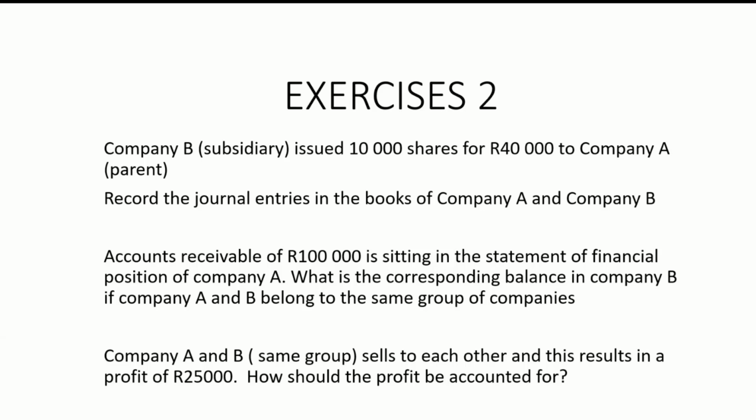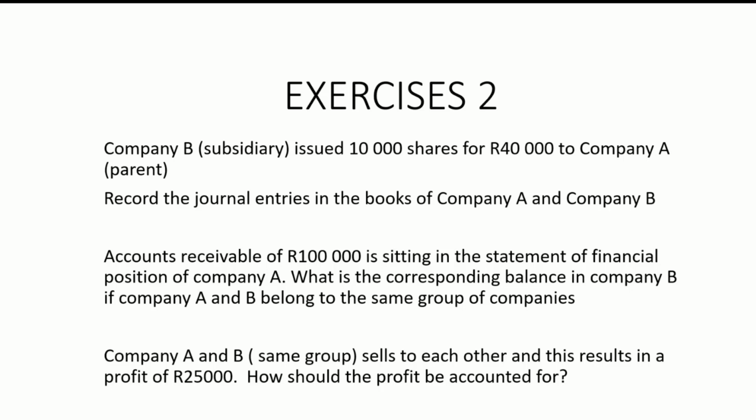No, sorry, it's not that you cannot sell. Well, you can sell to yourself, but the profit has to be taken out. Why must the profit be eliminated? What other reason can you give? Because if you are in one group, you are regarded as one entity.